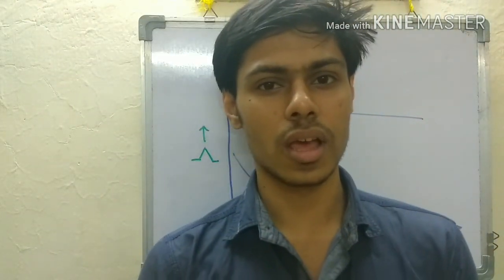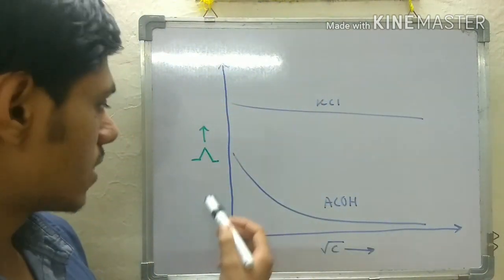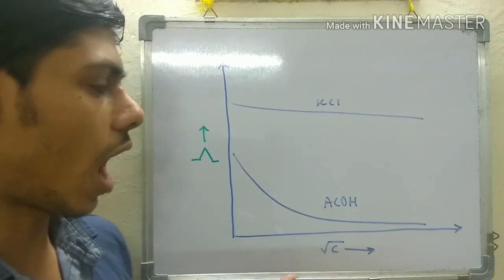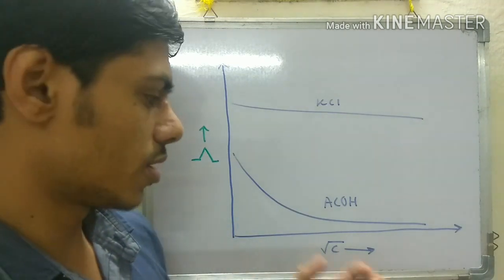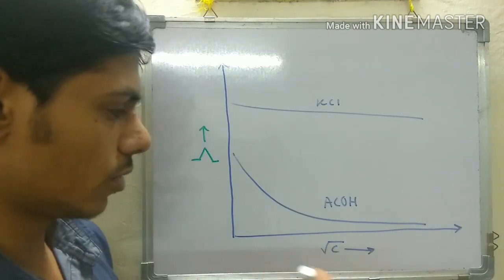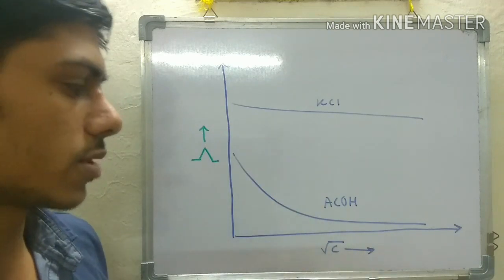I want to start the video by saying that when you measure conductance versus concentration, that is how the conductance of a particular electrolyte varies with its concentration, you get these two curves, right?